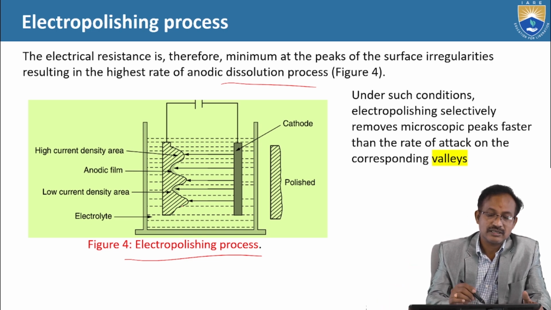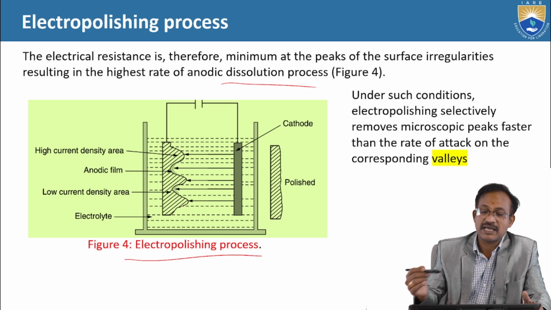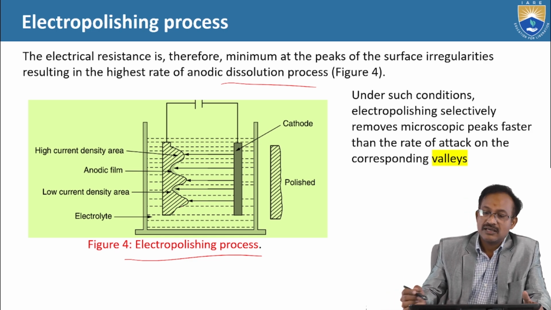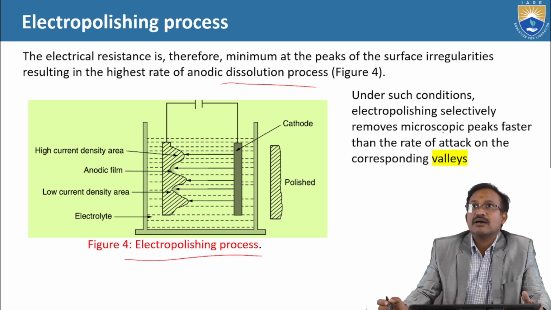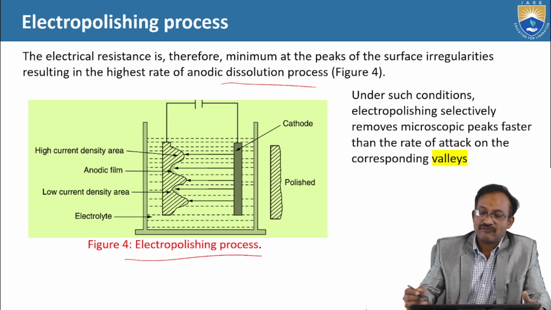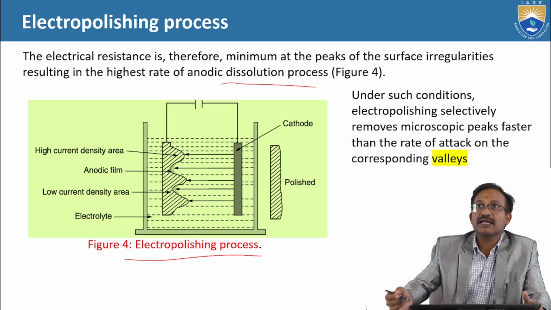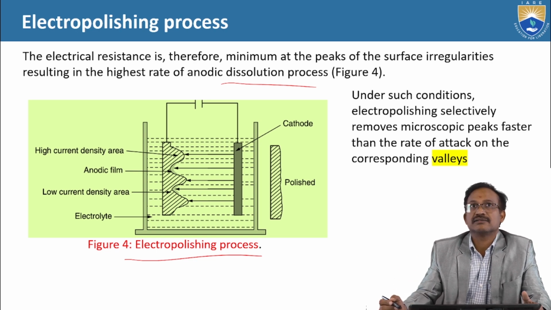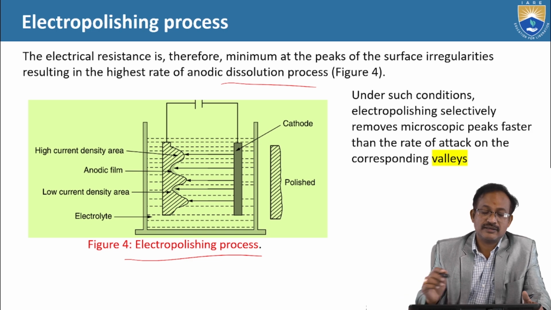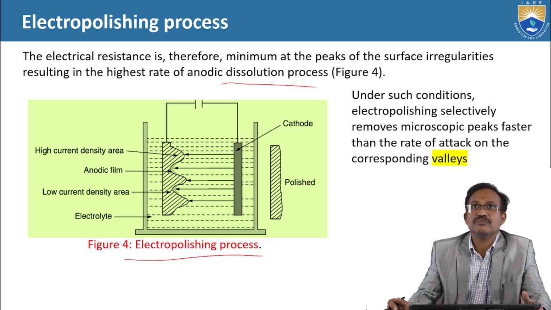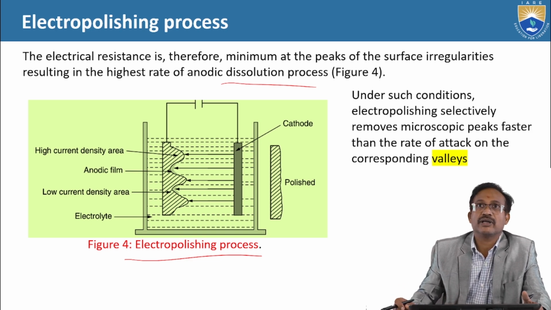So these are nothing but valleys. Here it removes microscopic peaks faster than the rate of attack on the corresponding valleys. So that is the significant point to be discussed here.